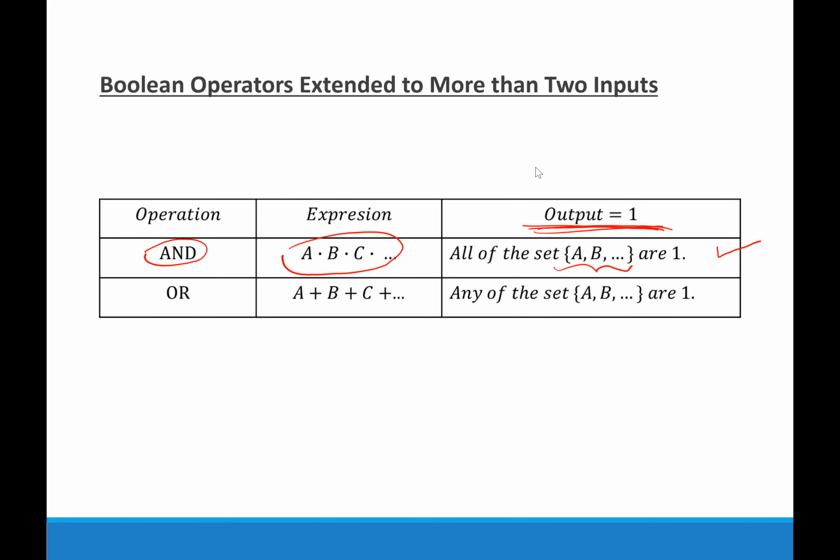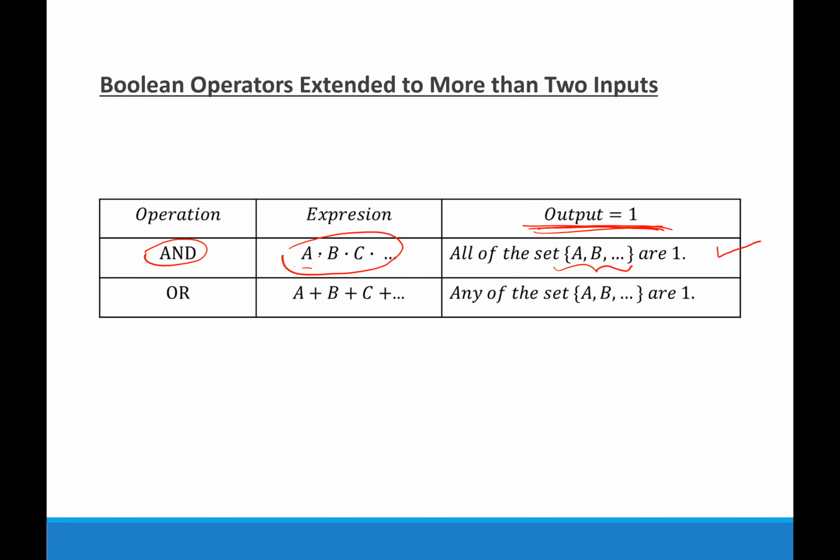Say A is equal to 0, and B, C, D are all equal to 1. After taking the multiplication of all those inputs, you can see the output becomes 0. If at least one input is equal to 0, then remember that the output is equal to 0.